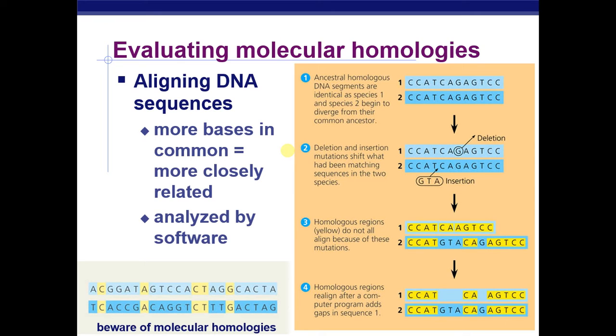So we need to align DNA sequences based on a common protein, take a common protein, and compare the bases, with the understanding that more bases in common means these organisms are more closely related, because the general idea is that mutation happens at a relatively constant rate over time. And if there are more differences between two organisms, they shared a common ancestor the longer ago.